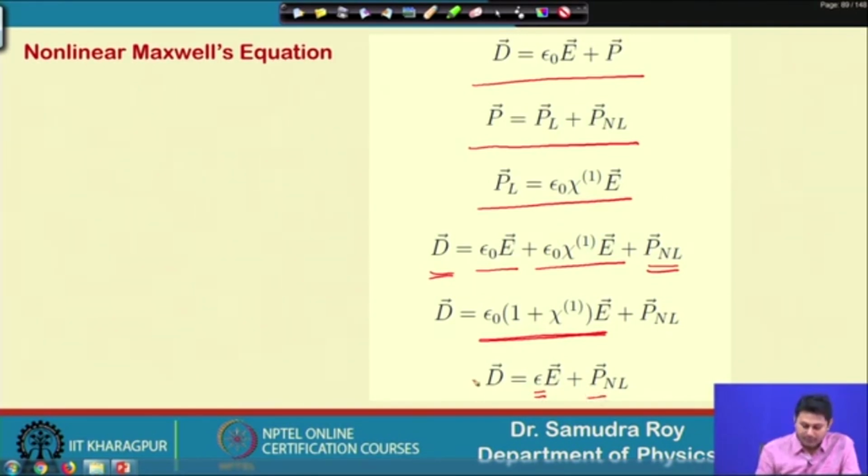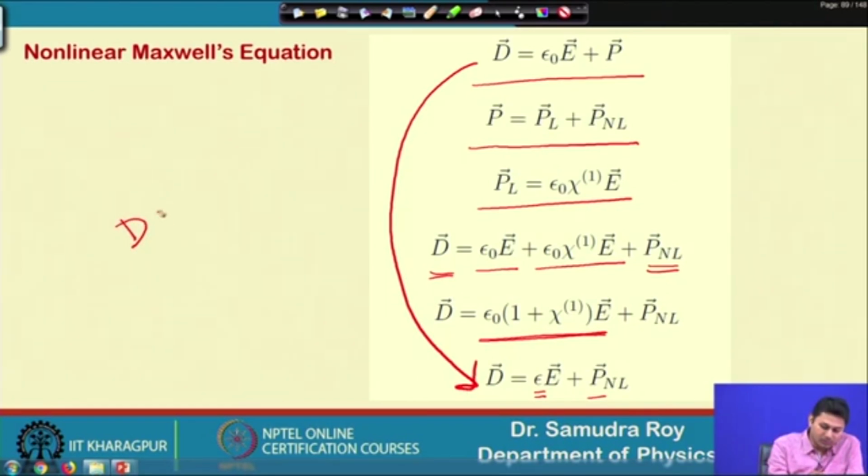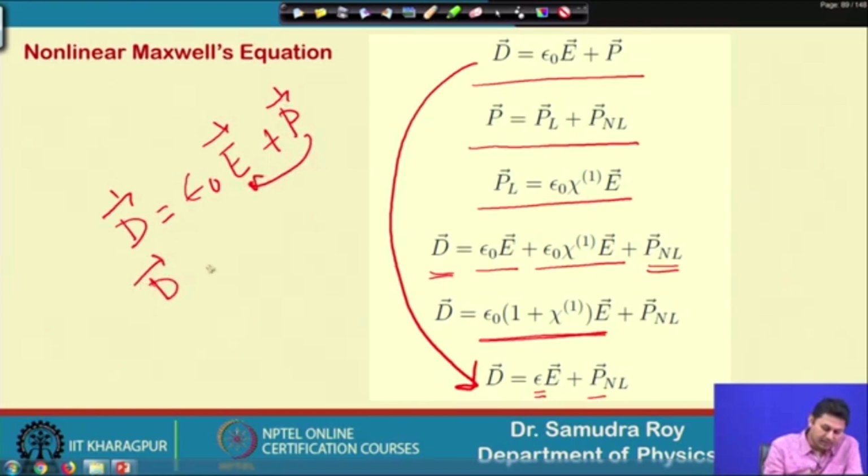So, if I look from this equation to this equation, what essentially is changing? D was epsilon 0 E plus P, where this P is the P total. Now, I combine this P linear term here, and in this P linear term we have the information of the refractive index, that is the material information.